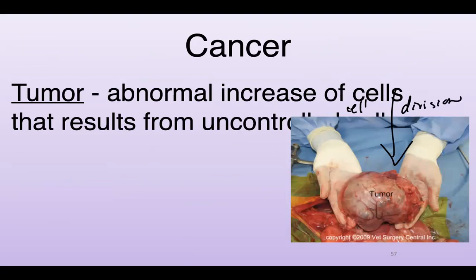So it's basically a mass of cells that should not be there. Sometimes they're very small, sometimes they're in areas of the body that don't cause too many problems. Maybe they're growing, maybe they're not growing. And so there's a lot of gray area. There's a lot of nuance in whether or not the tumor is really, really bad, or it's not that bad at all.